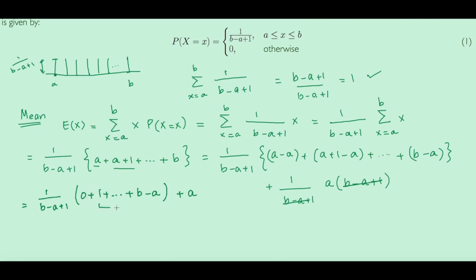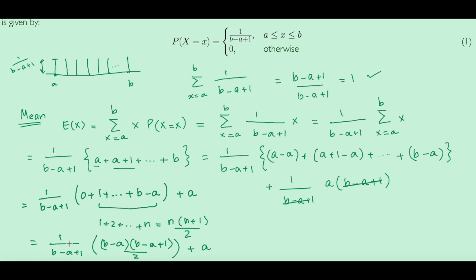Now this is 0, but what is this term? We know that the formula for 1 plus 2 plus up to n is n times n plus 1 over 2. For this n we have b minus a here, so we can say 1 over b minus a plus 1 times b minus a times b minus a plus 1 divided by 2, and obviously we have a here.